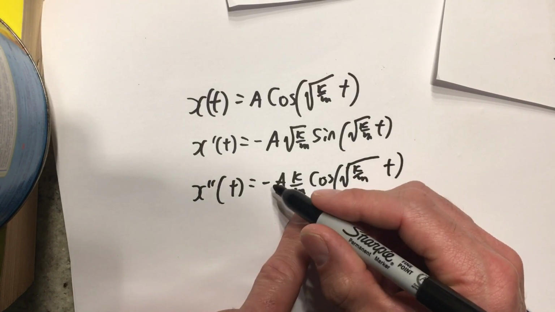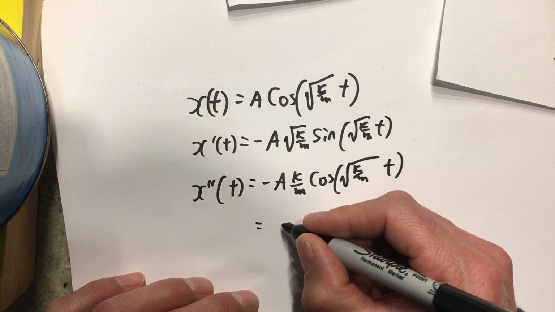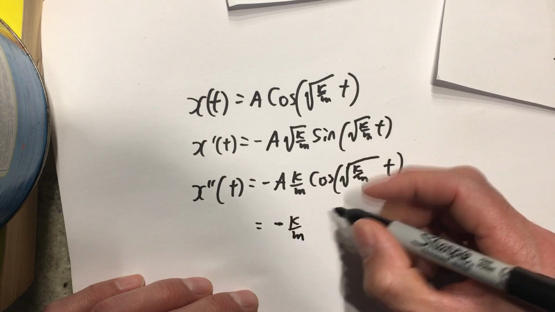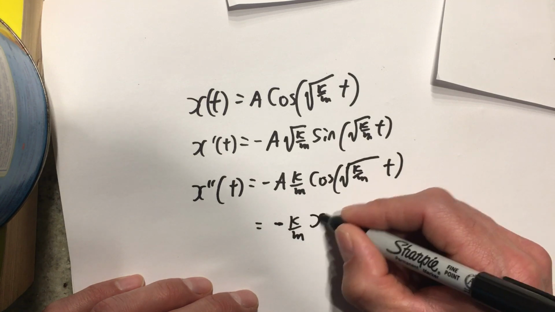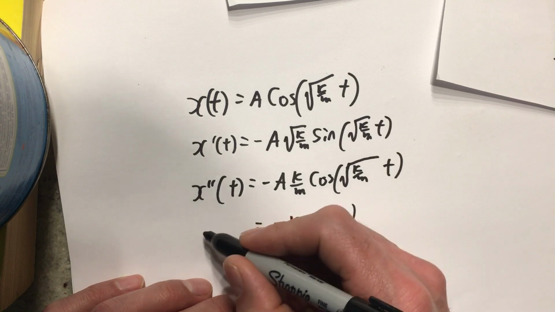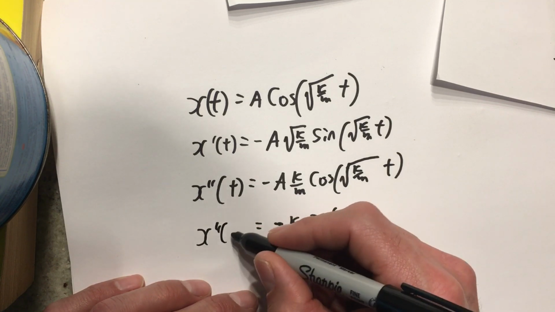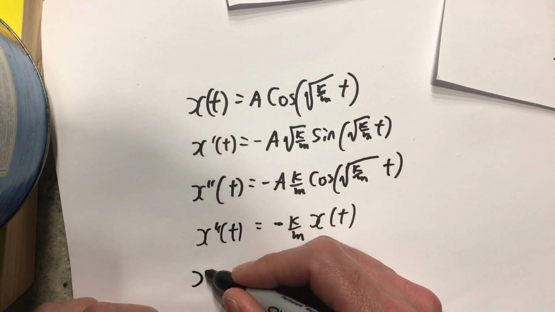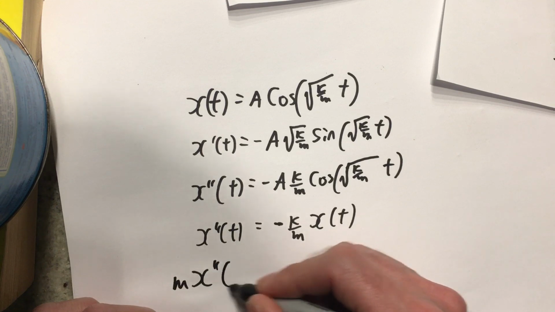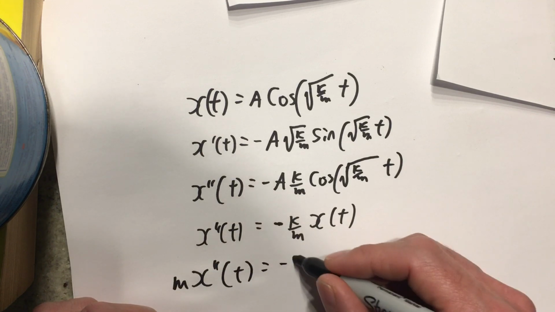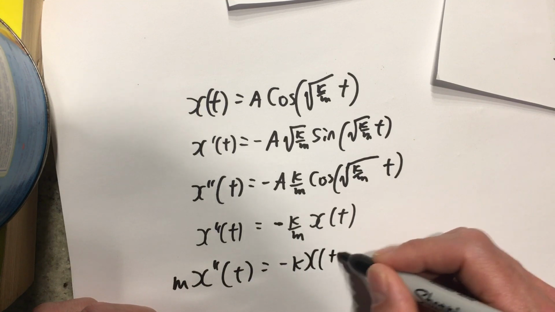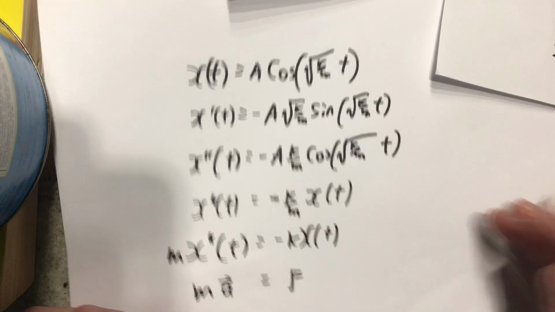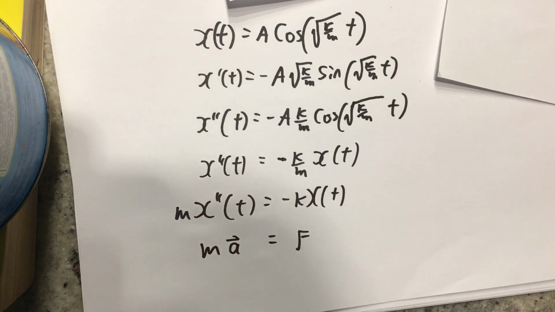And if I just get these two to switch spots, you'll see that that is equal to negative k over m times x at t, satisfying the required differential equation. And I'll just rearrange it back. I'll multiply the m up here, satisfying the original differential equation of f being equal to ma, which is what all the mechanics side of physics comes down to.